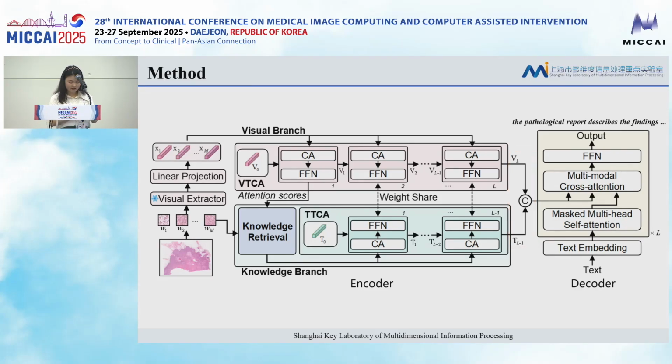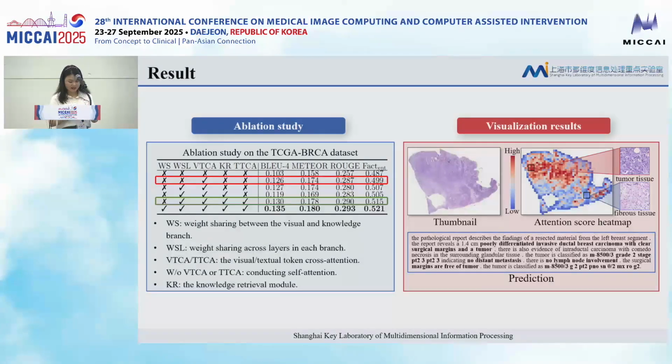We evaluated our method on the TCGA breast cancer dataset. Ablation studies show that our visual token cross-attention module and the knowledge branch significantly improve pathology report generation performance. Visualization of the model's attention demonstrates that it focuses on tumor regions and the generated reports accurately describe tumor type, histological grade, boundary status, and TM stage.